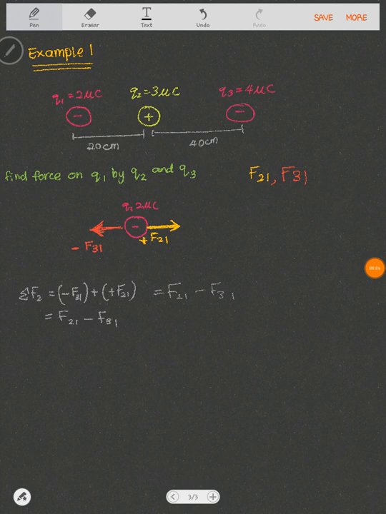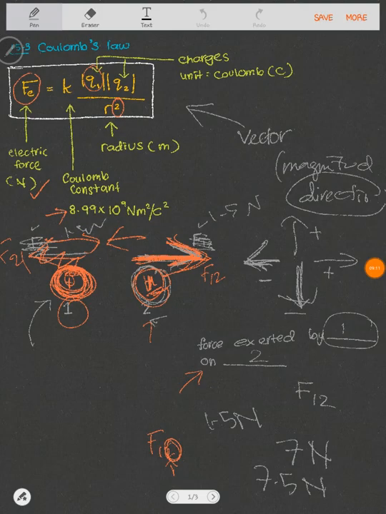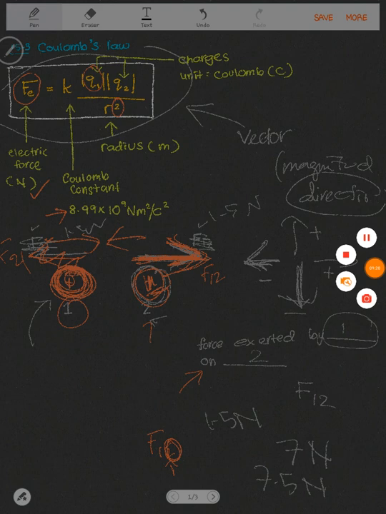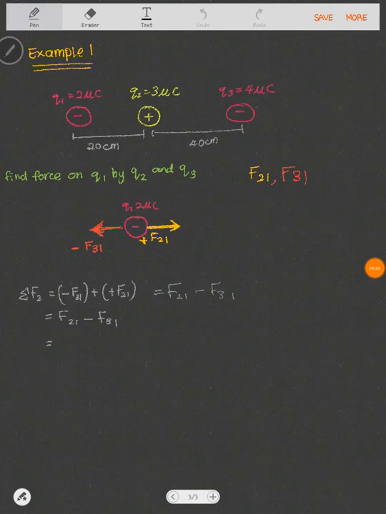So nak kira F21, F31 ni based on the Coulomb's law yang kita dah belajar tadi. Okay, Fe is equals to K with the product of two charge divide with square of radius. So kita lebih baik tulis formula tersebut ataupun just tulis je terus. Make sure letaklah direction tu, based on the direction yang it goes.